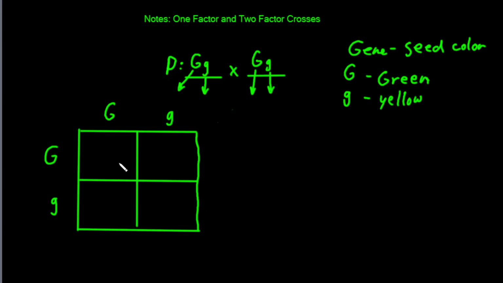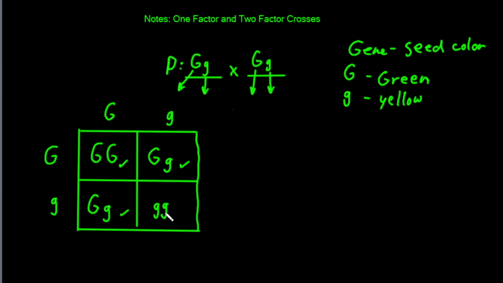Take a second and fill in your chart. We see capital G, capital G, homozygous dominant. Capital G, lowercase g, heterozygous. And little g, little g, homozygous recessive. The question says, what are the chances of getting a yellow-seeded offspring? Well, when I look, this is green, this is green, this is green because of their dominant traits.